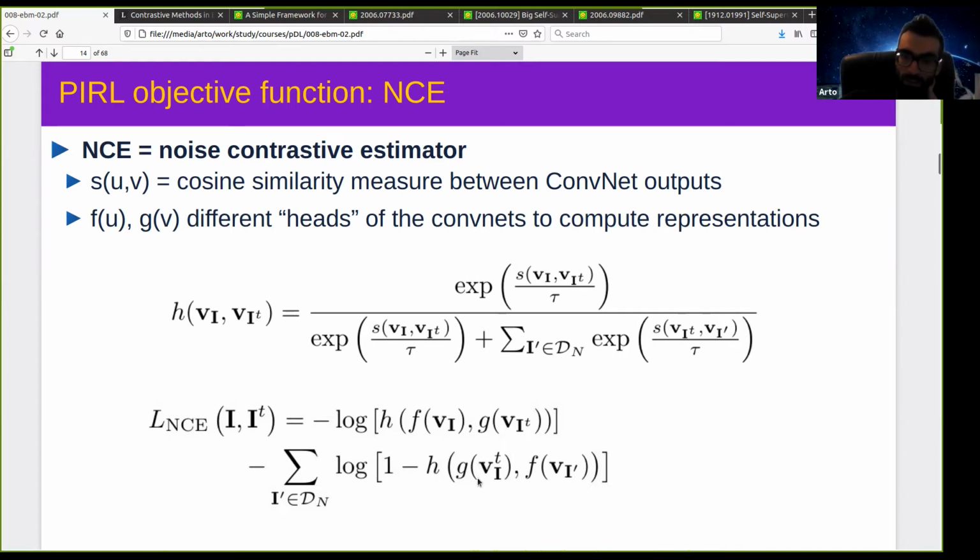So we want to have 0 everywhere for this evaluation and 1 for this evaluation, right? We want to have 1 for the same image and its transformed version, and 0 for negative samples for the value of this function.